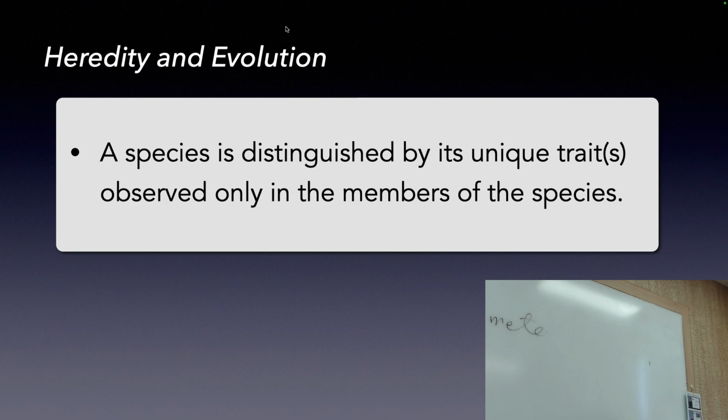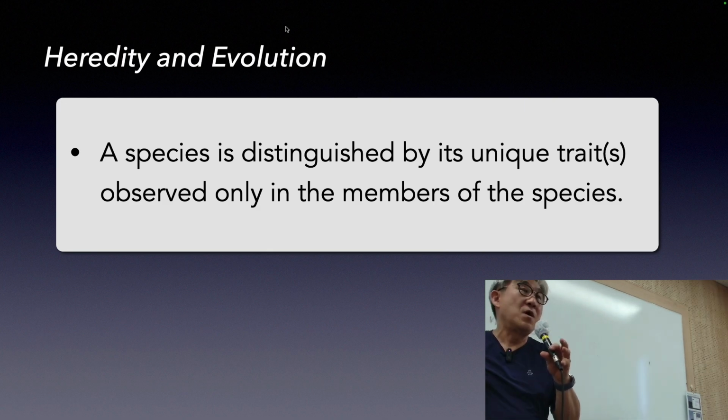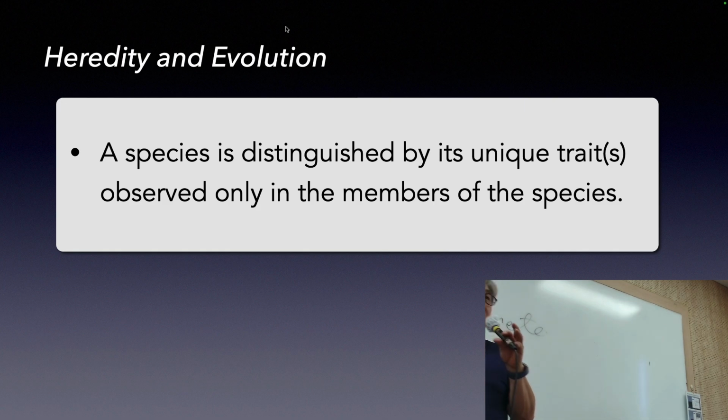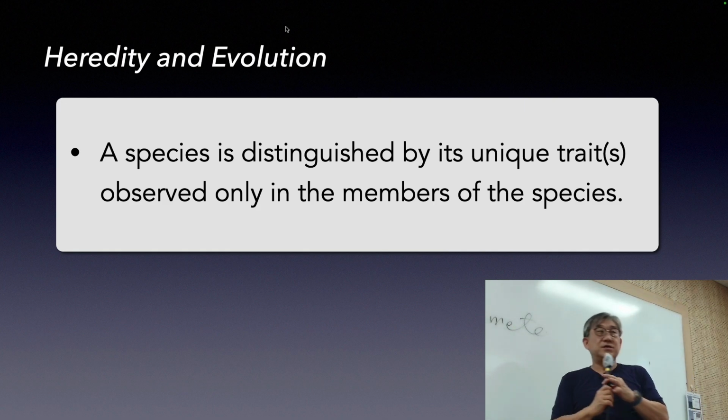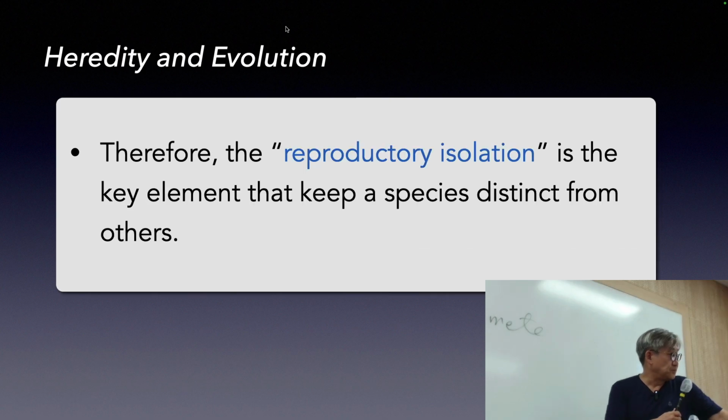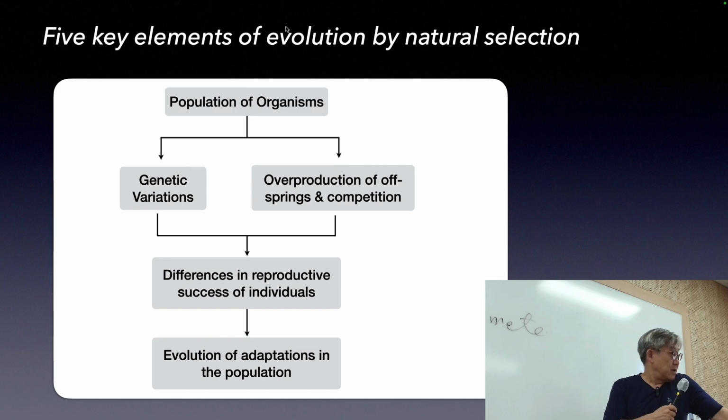No matter how much I love an individual chimpanzee, there is no way I can do so. So this trait will only stay within the boundary of the species. It's just the defining concept. The other way of describing it is the term reproductive isolation.